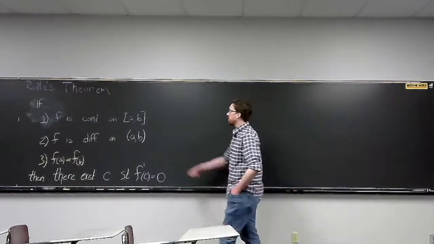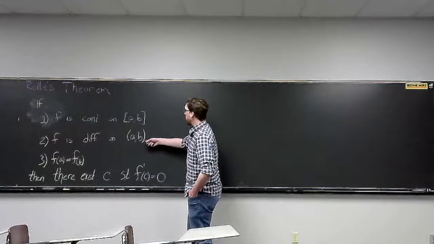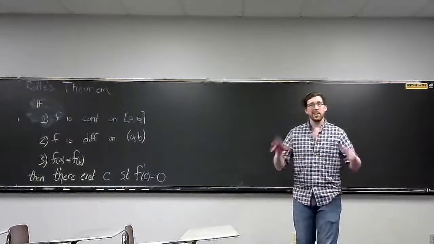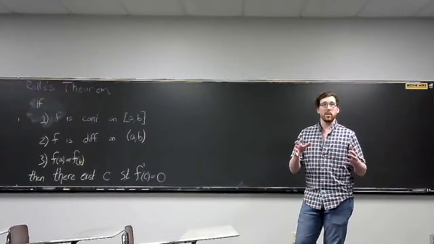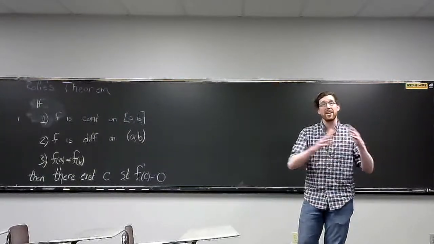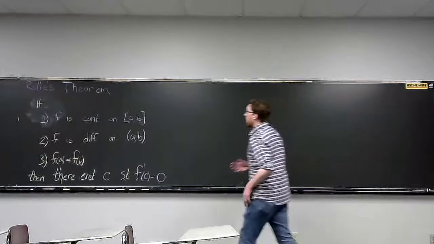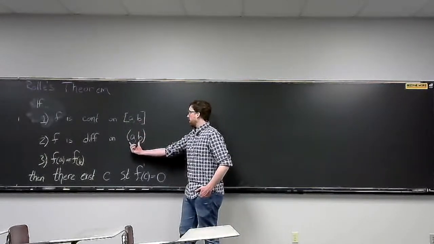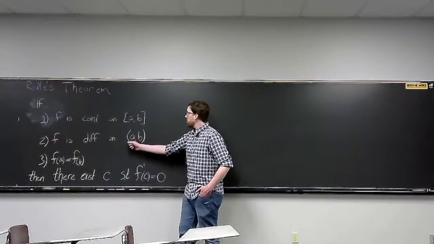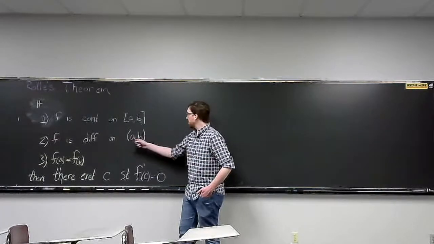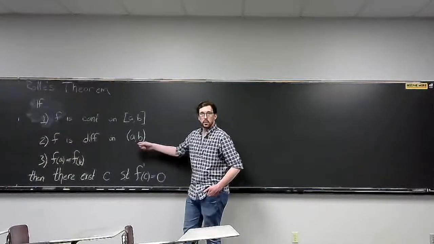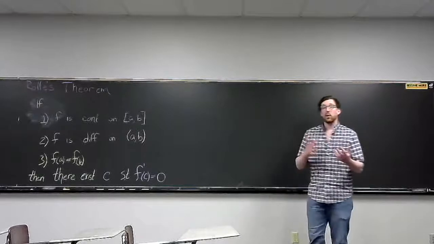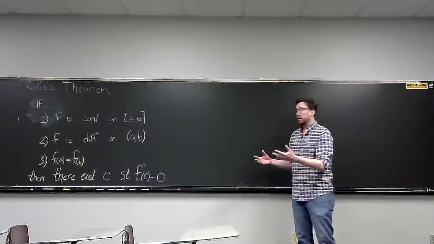To take a derivative, you need to be able to apply the limit, which means you need to get to values from the left and from the right. If this were closed, you can't get to a from the left and you can't get to b from the right. So the second condition being open is a result of our application of the limit.